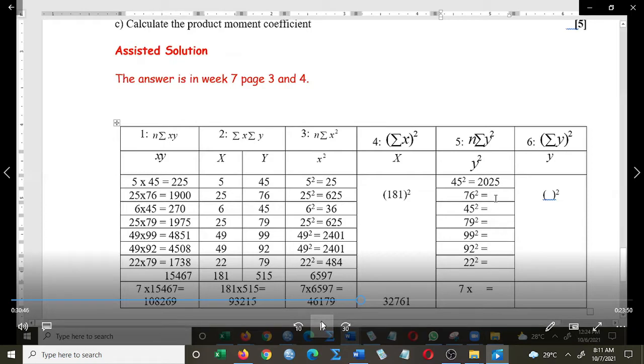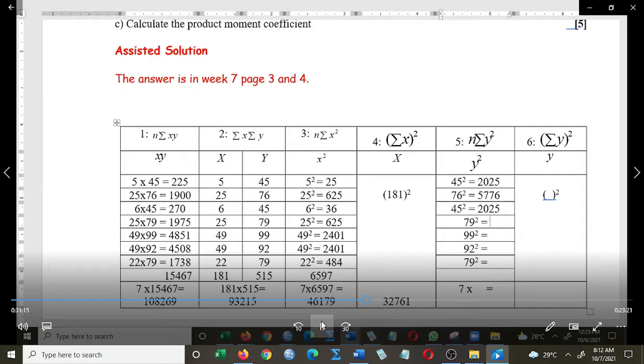So what's 76 squared? Plus 79, not 22. So what's 76 squared? 5,776. What was 45 squared?